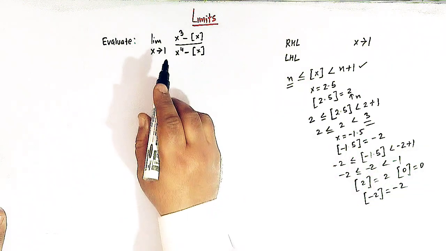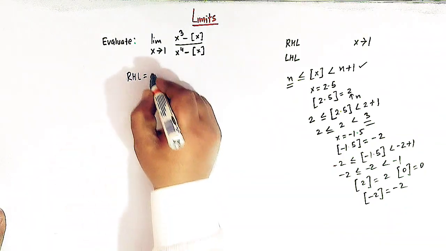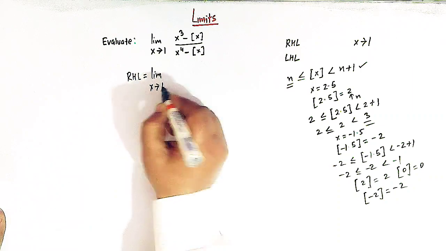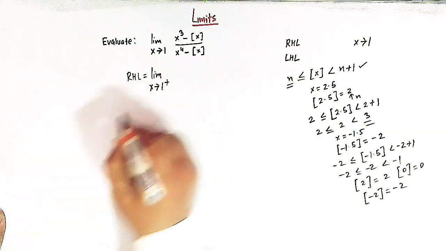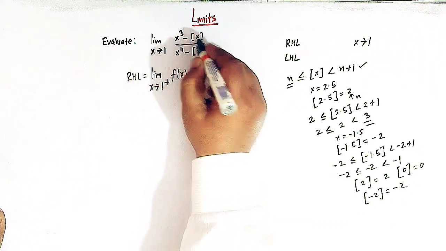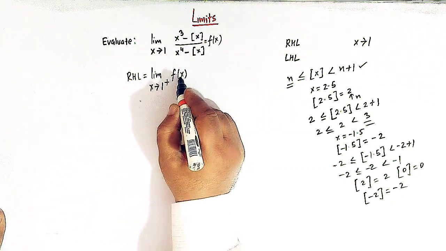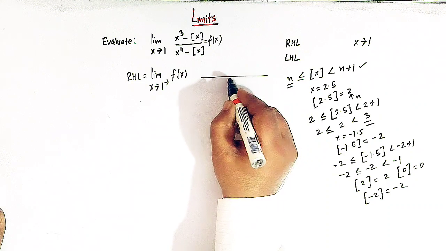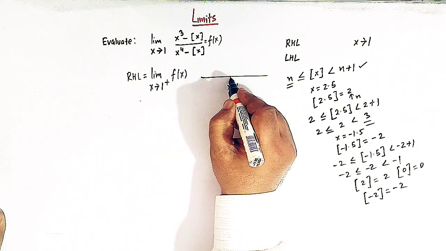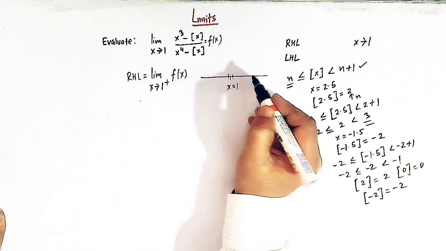So let us come to our problem and find out the right hand limit. The notation for the right hand limit is limit x tends to 1 plus of the function f of x. We can take this function as f of x. Here we have x equal to 1, and we'll take 2 points in the neighborhood of x equal to 1, one towards the left and one towards the right.